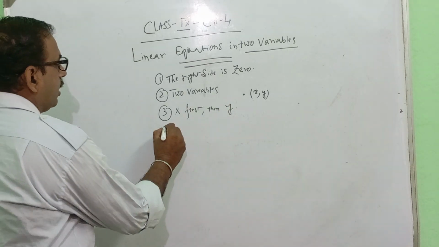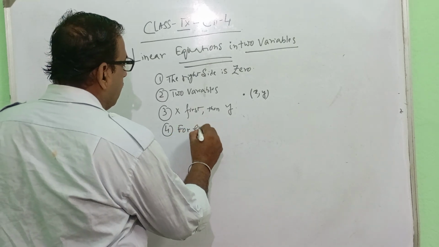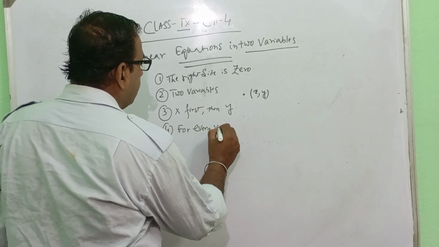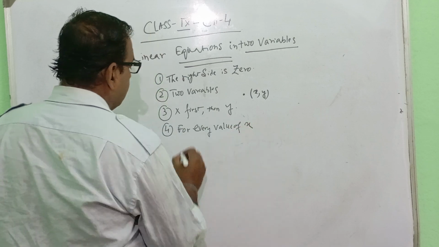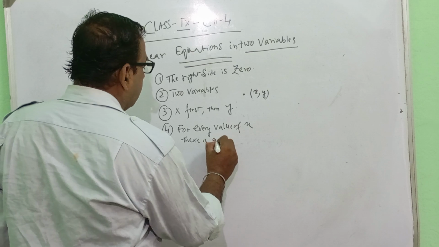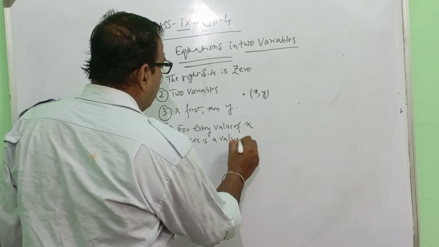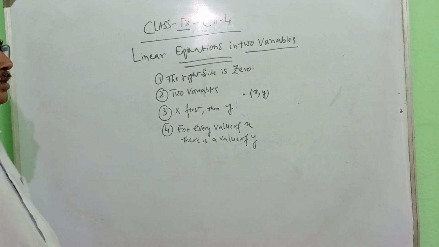Another way we can tell is that for every value of x there is a value of y. Clear?